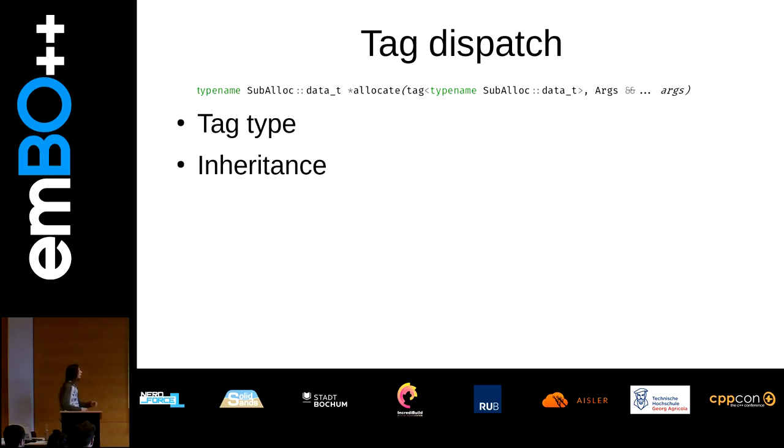So that is how you specify what type you want to allocate in the allocate function. This is also especially useful because the entire tree structure for the allocators is based on inheritance. So the entire structure then has an overload set of all these allocate functions, and you choose out of them based on the tag type.